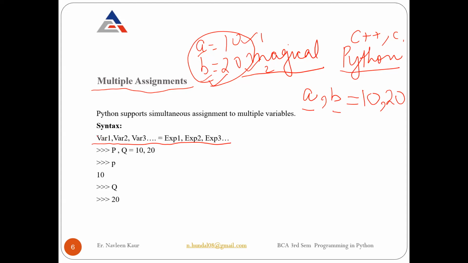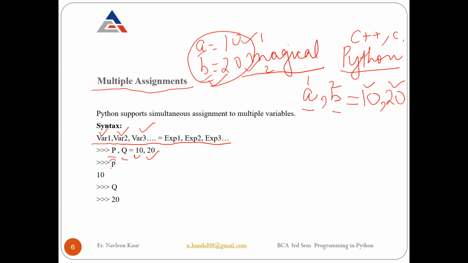This is the syntax. Here I have written only 2 variables, but you can write any number of variables. Then you put the equals to, and then you can write any number of expressions. By expression, what I mean, I will tell you later. Here is an example similar to mine: there are 2 variables, one is P, the other one is Q, and you are assigning the values 10 and 20 respectively.